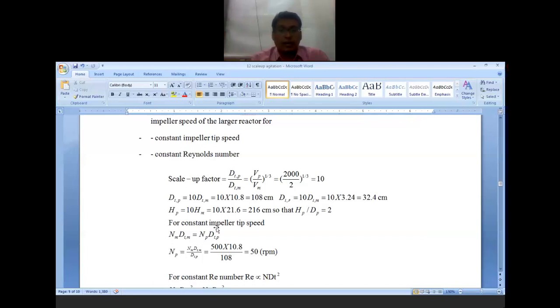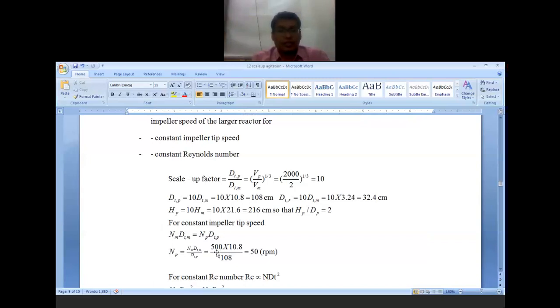Now coming to constant impeller tip speed, N into Di: the speed of rotation in the model times the tank diameter of the model is equal to the speed of rotation for the prototype times the tank diameter in the prototype. This ratio is for the constant impeller tip speed.